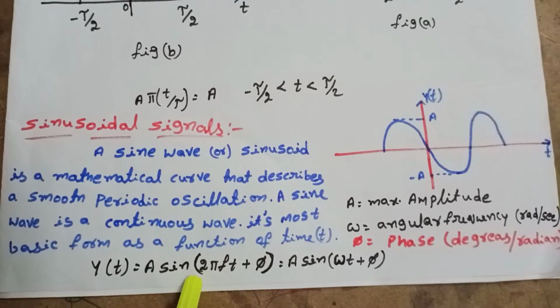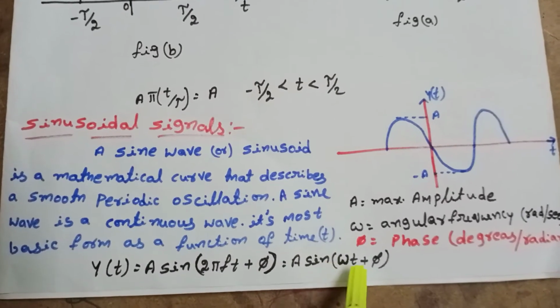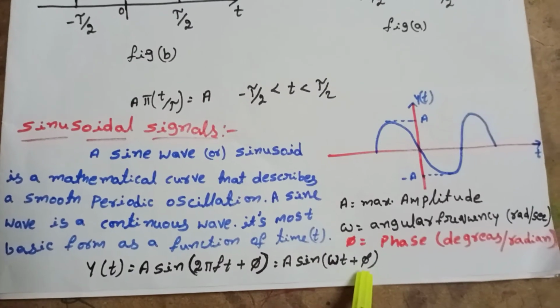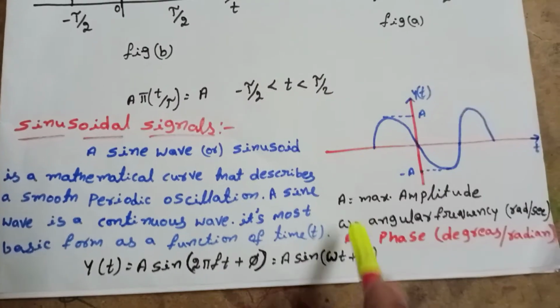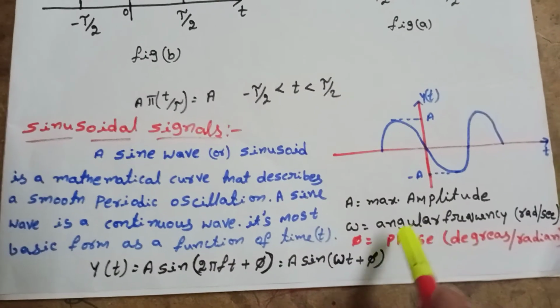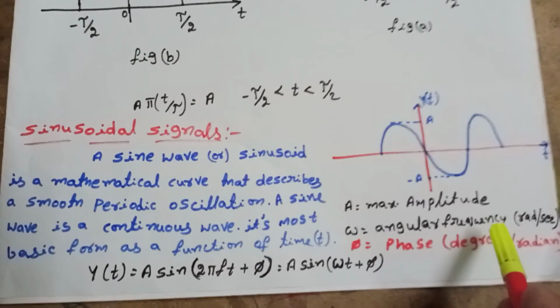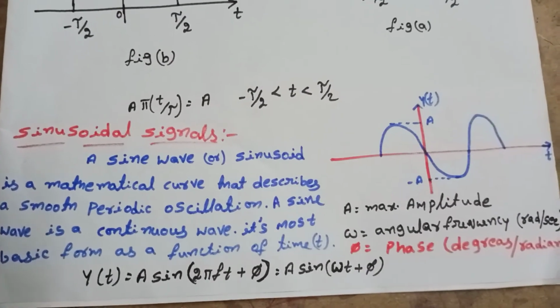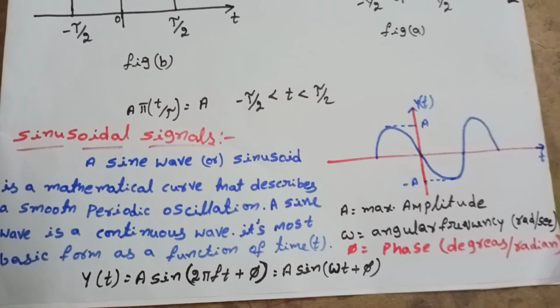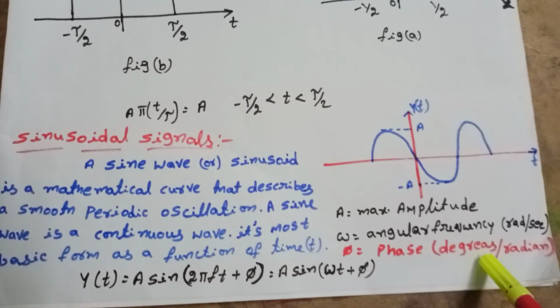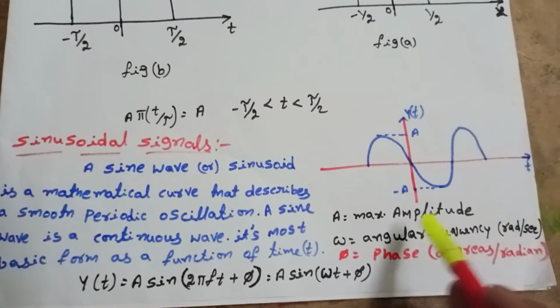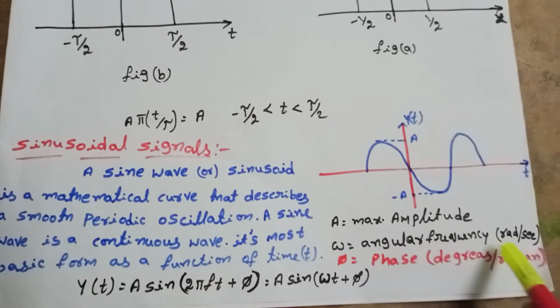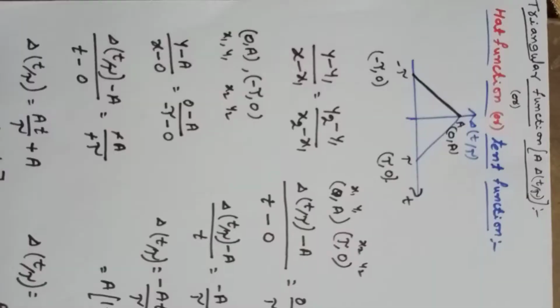Another form of this representation is A sine of omega t plus phi. In this equation, A is the maximum amplitude, omega is the angular frequency, and phi is the phase value. The units of phase are degrees or radians, and angular frequency is in radians per second.